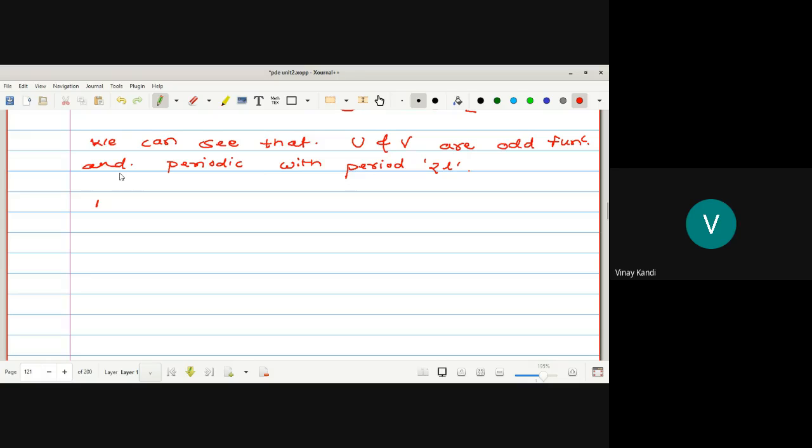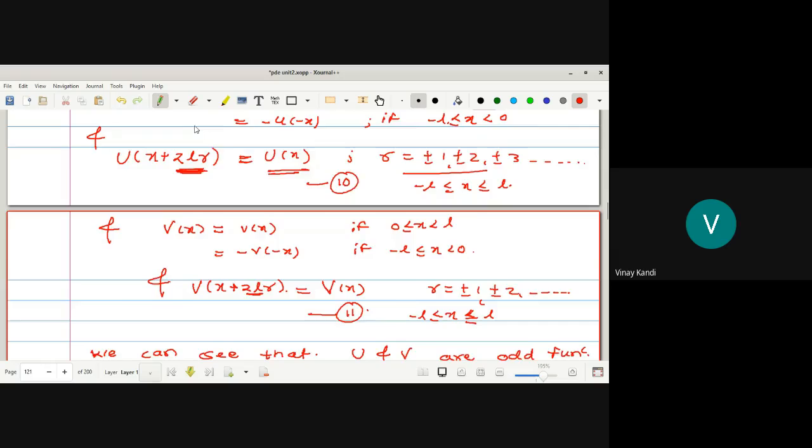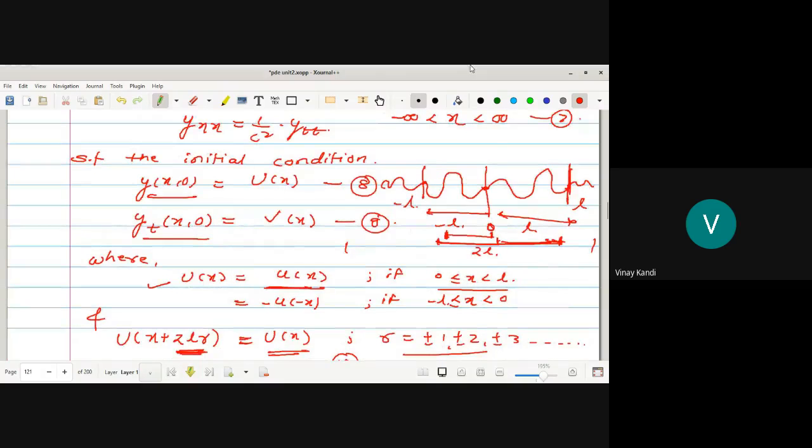Now आता तुमचा हा दिलेला प्रॉब्लेम इनफायनाइट स्ट्रिंग प्रॉब्लेमला कन्वर्ट झाला, जो फायनाइट होता तो. Okay, this one.